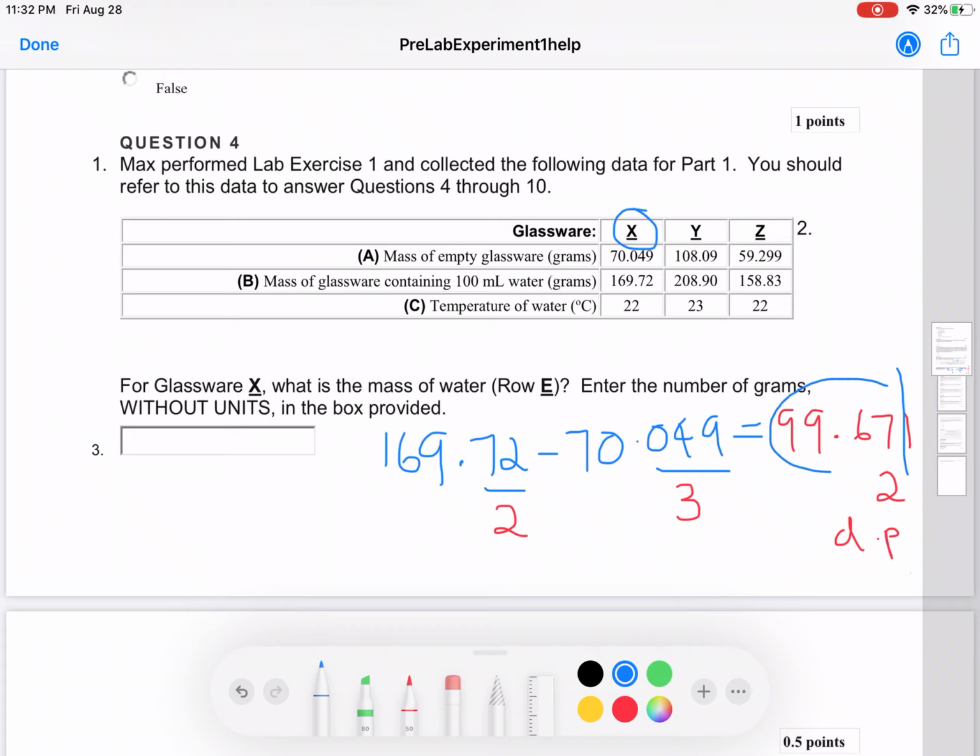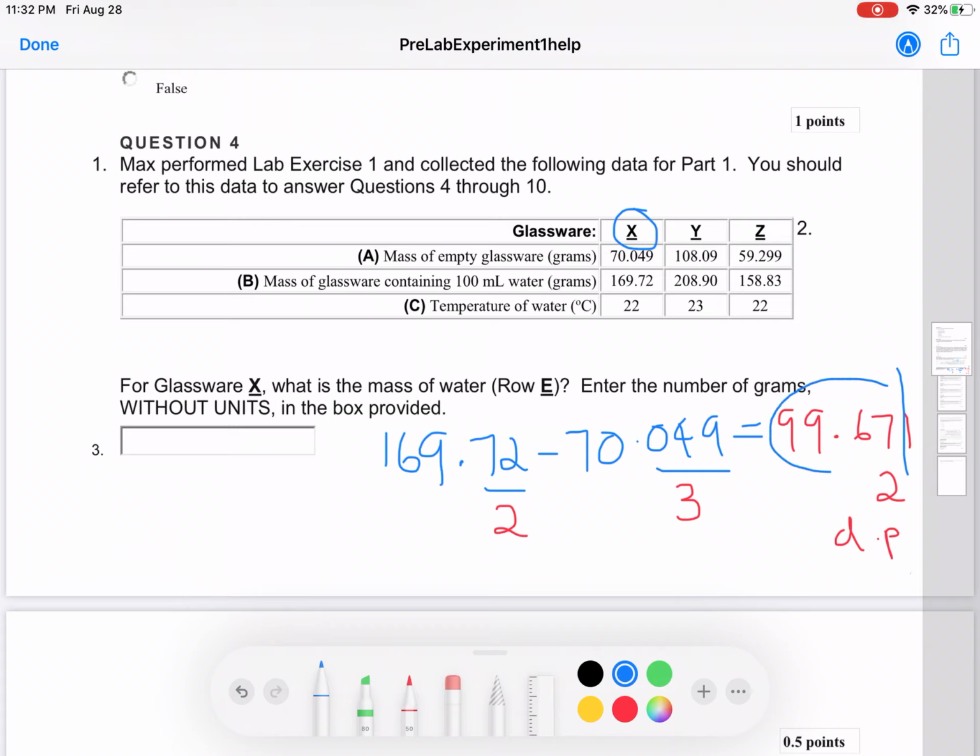How do we find out the density? See, we are given the temperature. Remember, I showed you a chart in our experiment 1 handout, where you have the temperature and the density for that particular temperature. So you refer to that table to find out what's the density at 22 degrees Celsius. You will find that's 0.9978. So you're going to divide this by 0.9978 grams per milliliter.